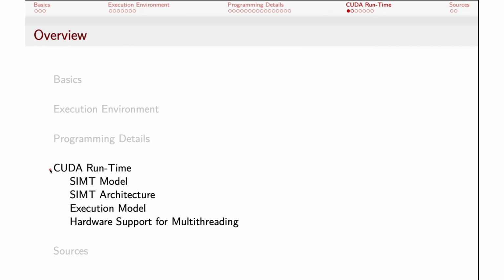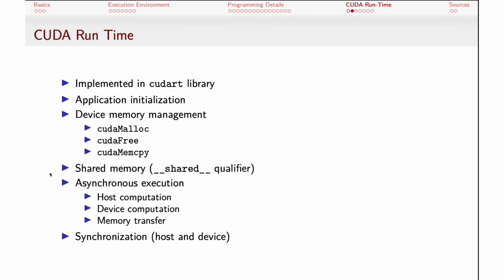All right, let's talk about the runtime environment here. First of all, there is a quite extensive library that gets linked in with your code at runtime to do all of the magic that we've been talking about so far. It's in a library called CUDA RT, for runtime. It's set up at the time the application is initialized, and we've seen previously that one of the things this runtime library allows us to do is memory allocation and memory transfer.